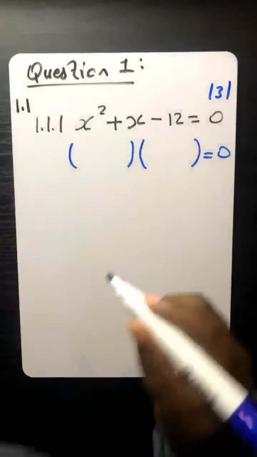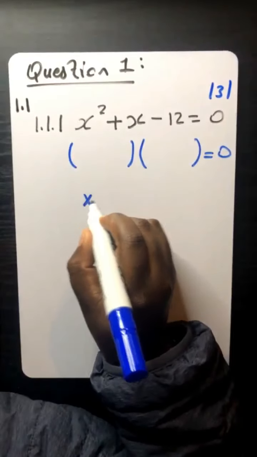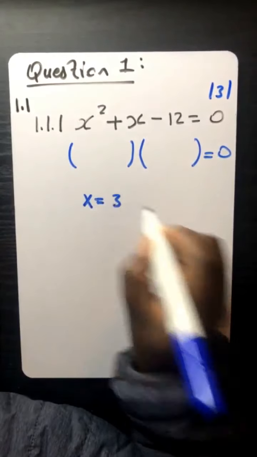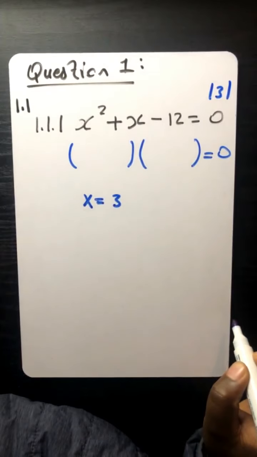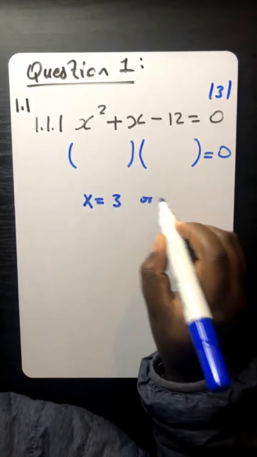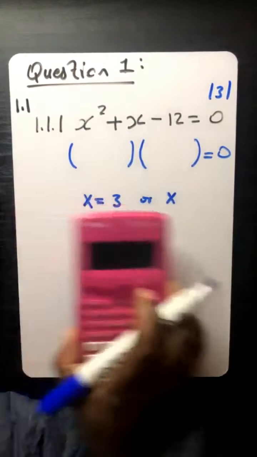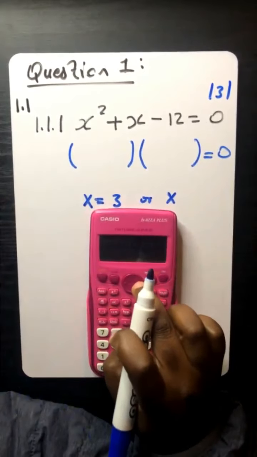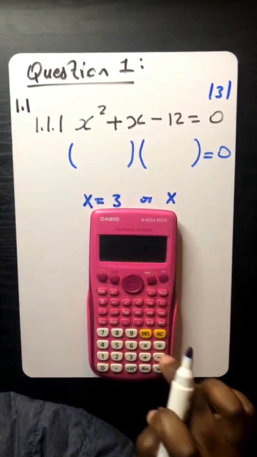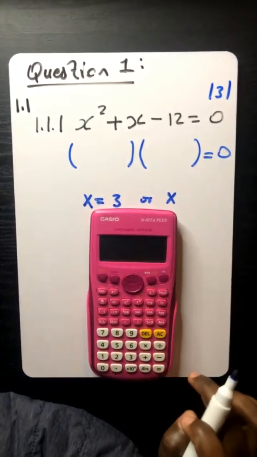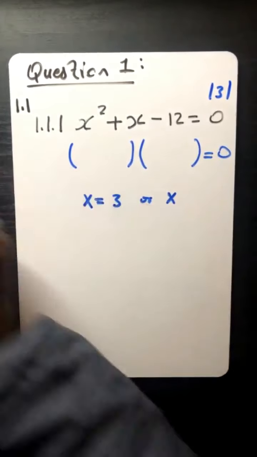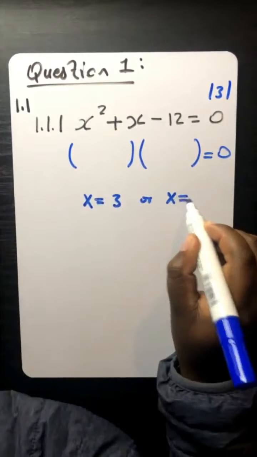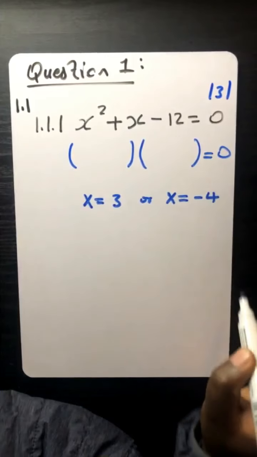So remember, the quadratic formula gives you the final answer, which is 3. Then you say, or x equals... On that same formula, just come back and update that sign from positive to a minus. It therefore gives you your final x value as negative 4.